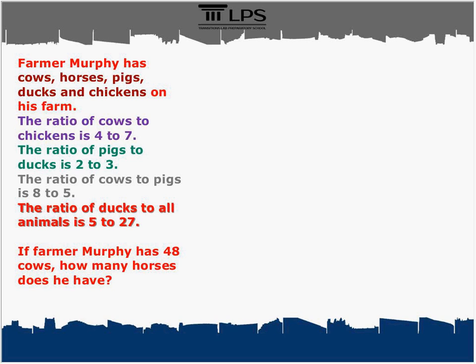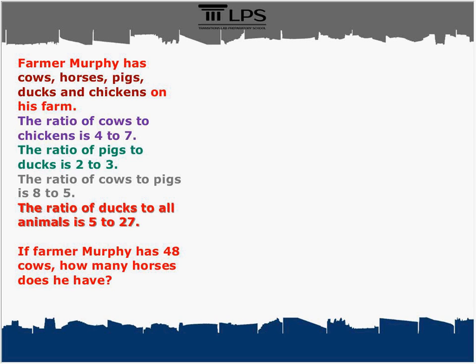There is another ratio given as pigs to ducks, that is 2 to 3. The ratio of cows to pigs is 8 to 5. The ratio of all animals is 5 to 27. If there are 48 cows, how many horses do we have?